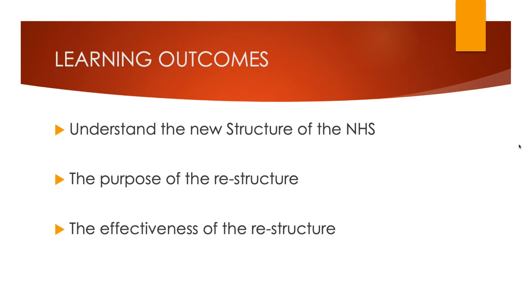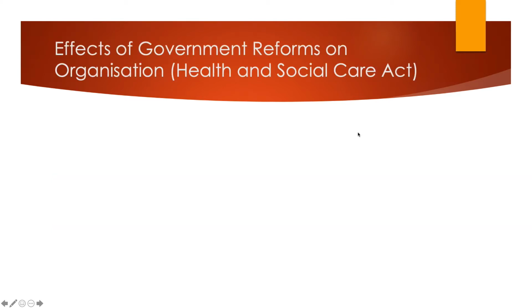So last week or 2 weeks ago we discussed what the new structure looks like, but today we're going to be asking ourselves what is the purpose of the restructure and the effectiveness of the restructure.